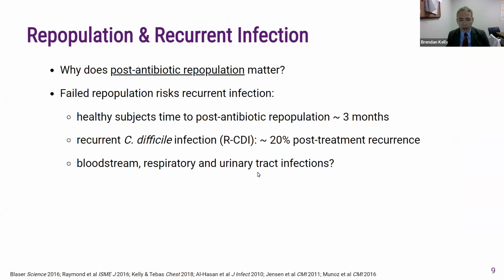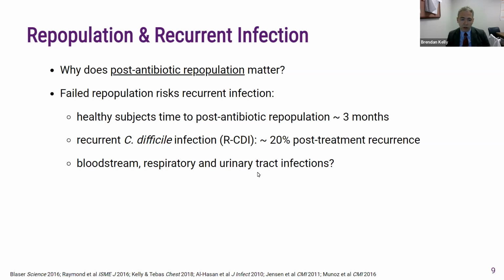Well, in one way, I think it matters because failed repopulation risks recurrent infection. So we know from studies of even healthy human subjects who just get an oral cephalosporin that it takes about 3 months to fully recover the diversity of the gut microbiota after antibiotics, and the recovery never looks exactly like the pre-antibiotic state.